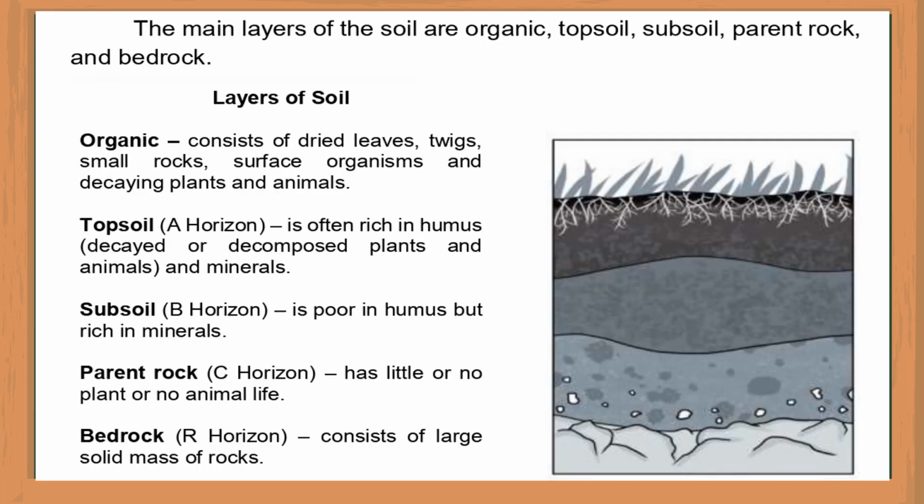So what are the main layers of the soil? So soil has organic, topsoil, subsoil, parent rock, and bedrock. So as you can see, organic consists of dried leaves, twigs, small rocks, surface organisms, and decaying plants and animals. So the topsoil or the horizon A is often rich in humus.